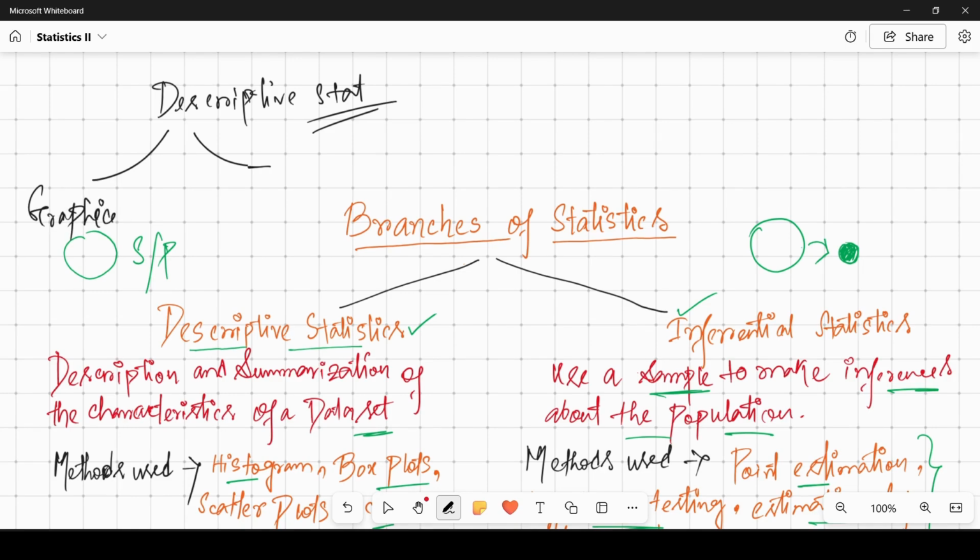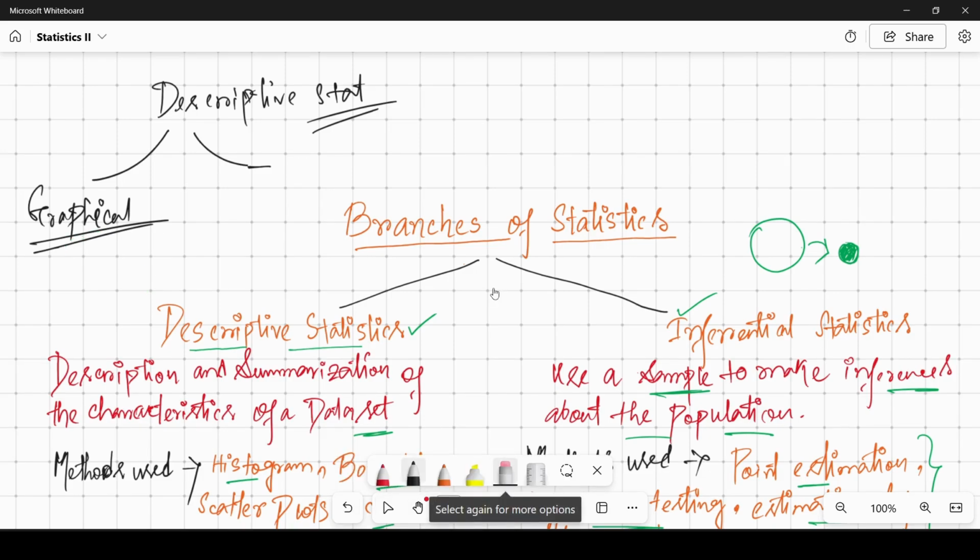Alright, so if we have a data set, we can implement graphical representations on it so that we can visualize the patterns within these data sets. Examples of these graphical methods, as we already talked about, are histograms.